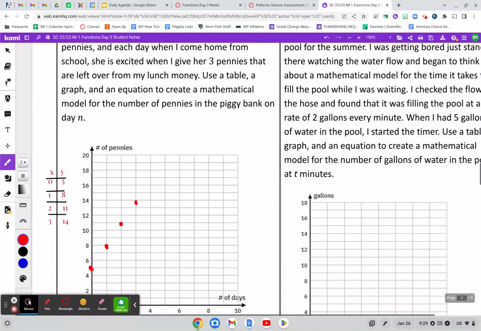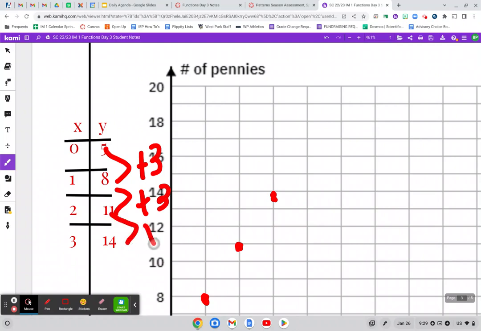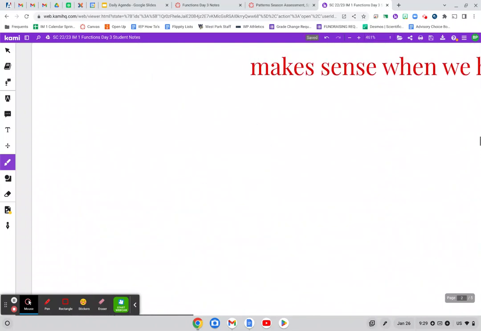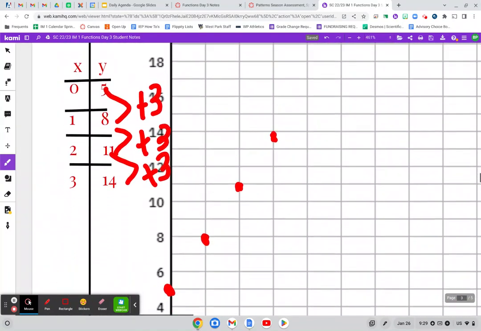What this is going to look like is this, and it helps to have tables. On the 0th day, so before a single day has even passed, there's already 5 pennies, right? But now we start implementing this common difference of 3, and you can see that our 0th term is not 0 like in the examples above up here, right? Our 0th term here is 5.